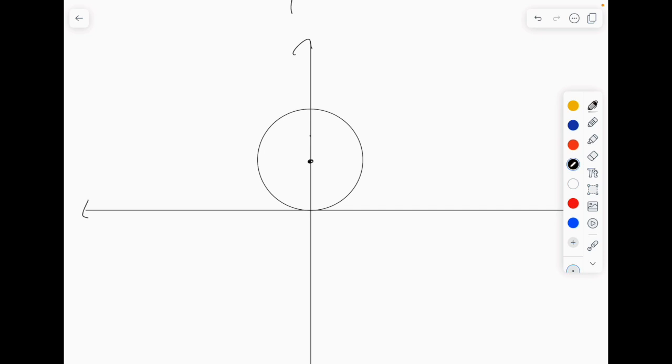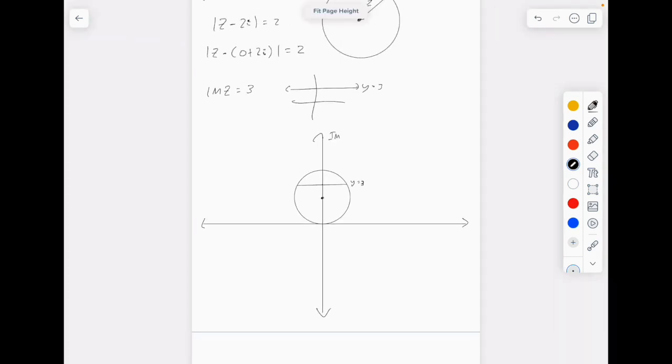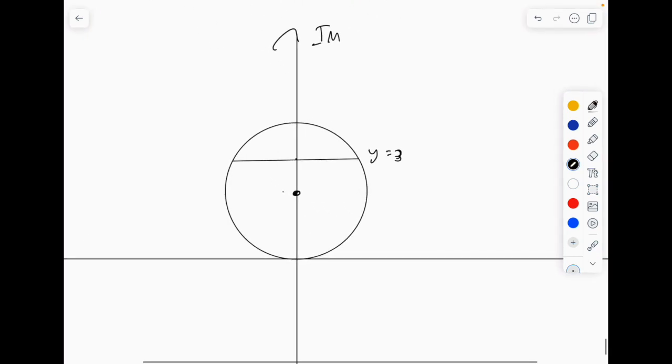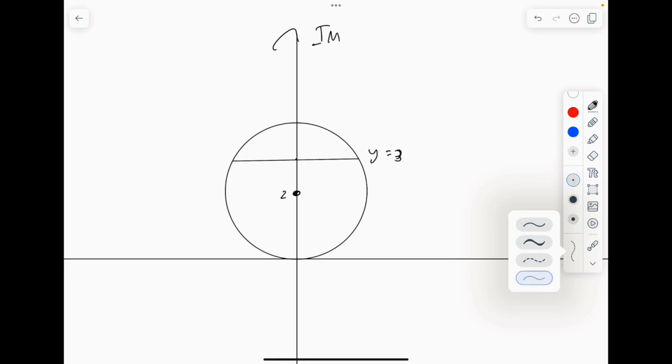Okay, we have 3 here, so y is equal to 3. We've got 2 here. Now note that the locus is going to connect both of these, over here.